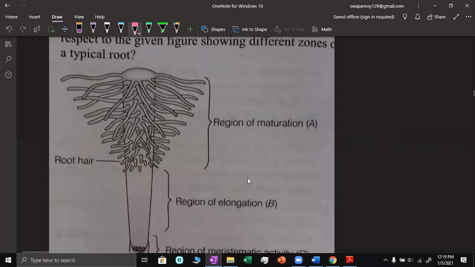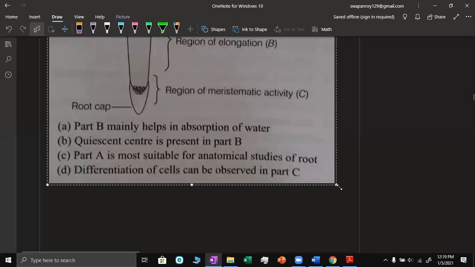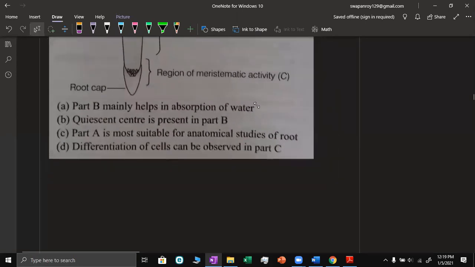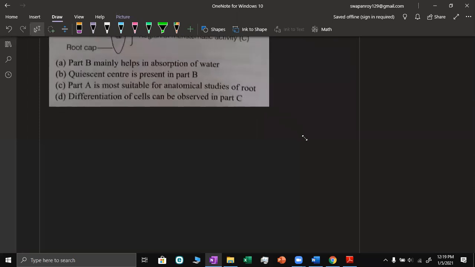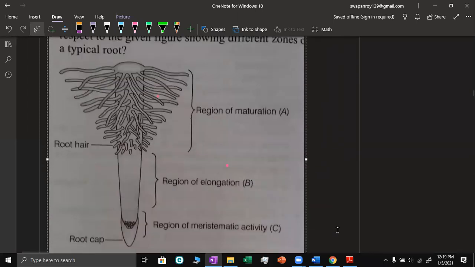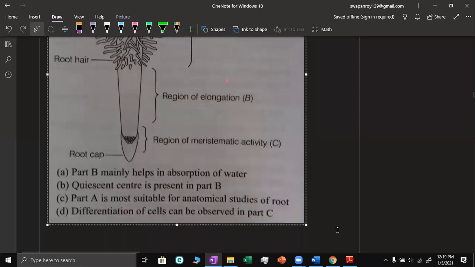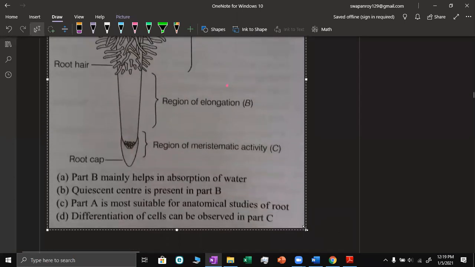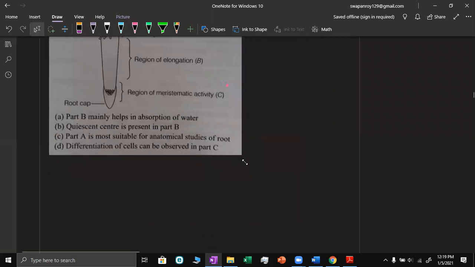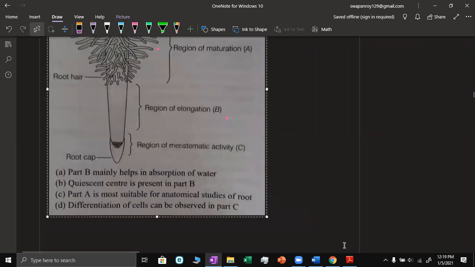Next, come to here. This question is, I have to make it small, otherwise you cannot see the entire portion.